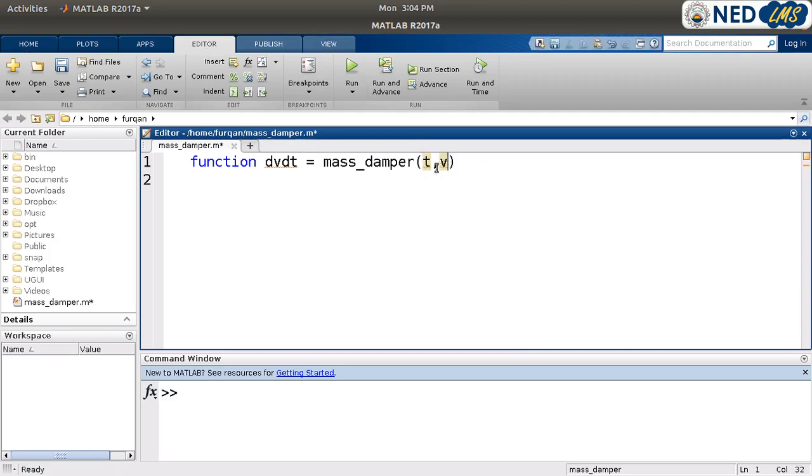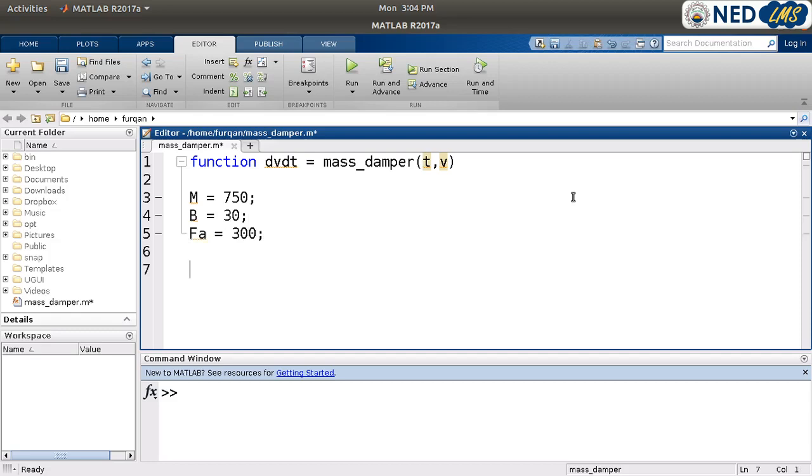So the inputs of the function handle, as we see in the syntax, are written such that the variables that need to be solved must be written in the function handle like this. And assume that the value of mass is 750. I'm roughly assuming it. Value of damper is 30 and the applied force is 300 newtons.